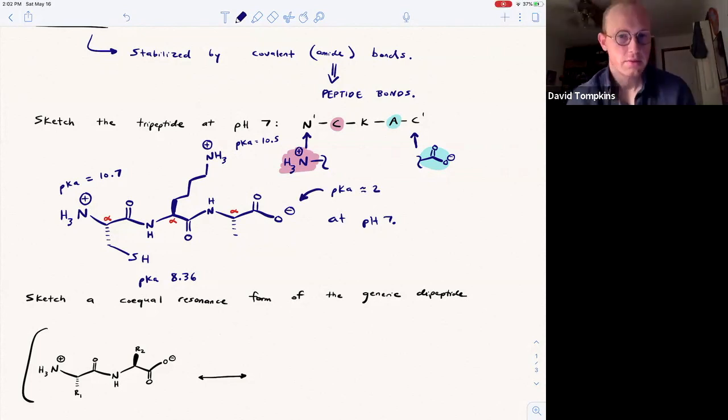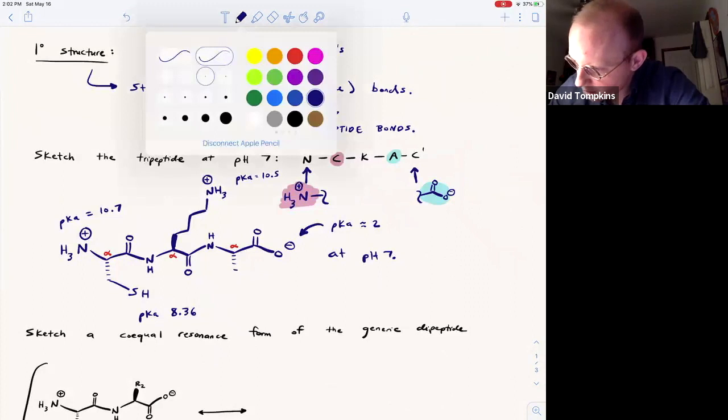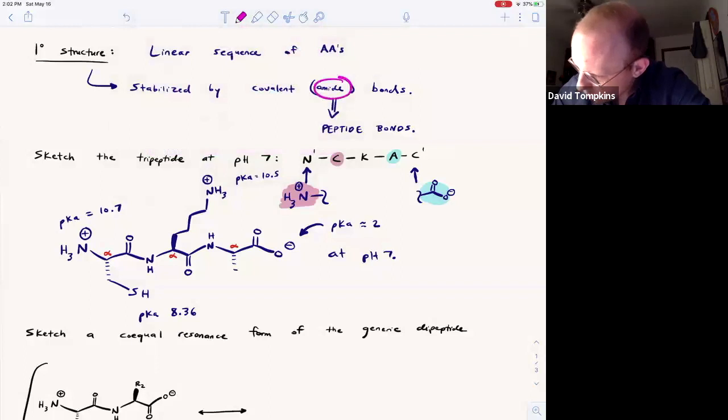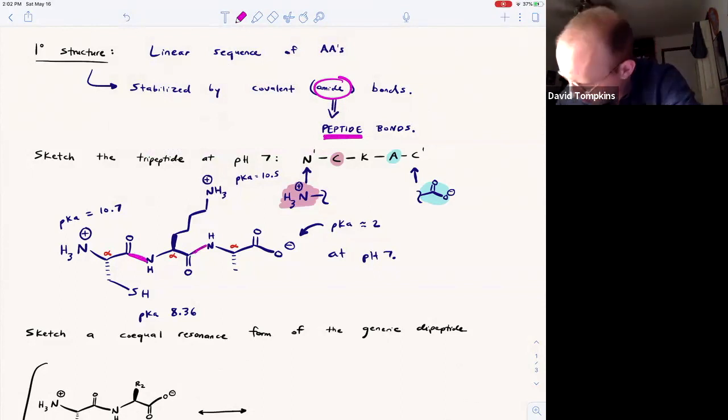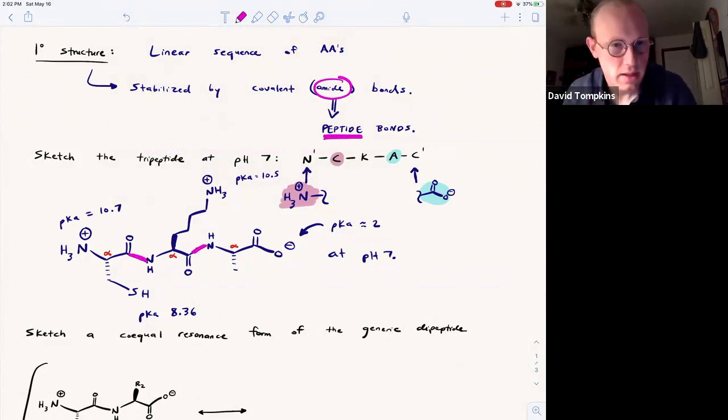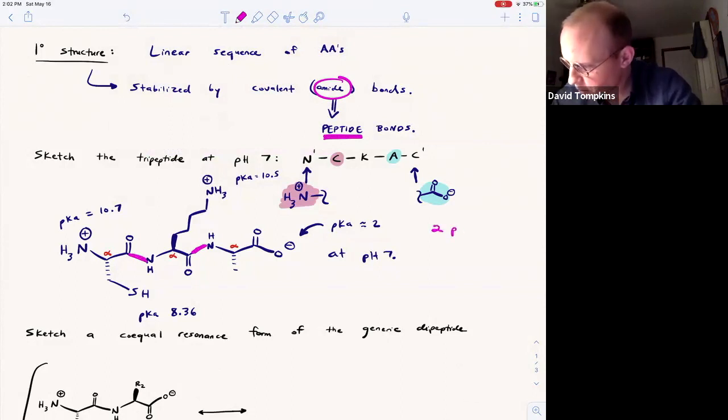The last part of this is identifying the amide bonds. So I'll highlight those amide or peptide bonds below. The first amide bond is the CN bond connecting the N-terminal of lysine with the C-terminal of cysteine, and the second amide bond is connecting alanine with what was lysine. So if you have a tripeptide, then you have 2 peptide bonds to link those 3 amino acids together.